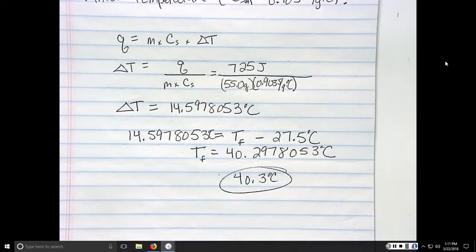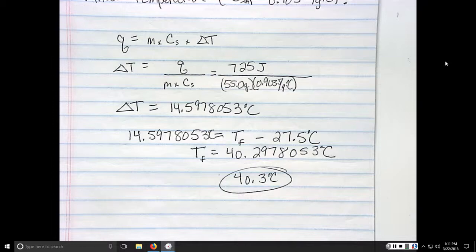Alright, so you basically are over. So if Q equals mass times specific heat times delta T, we were given this, given this in the problem. Don't know this.